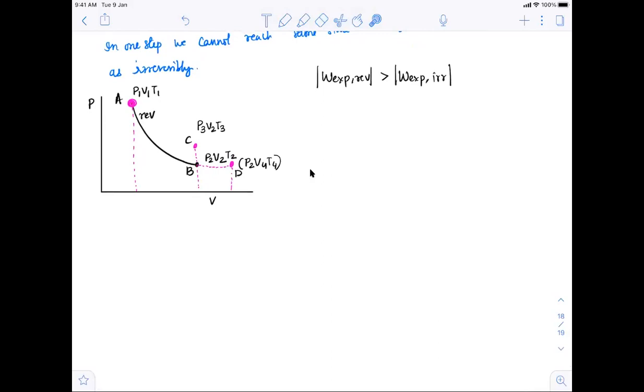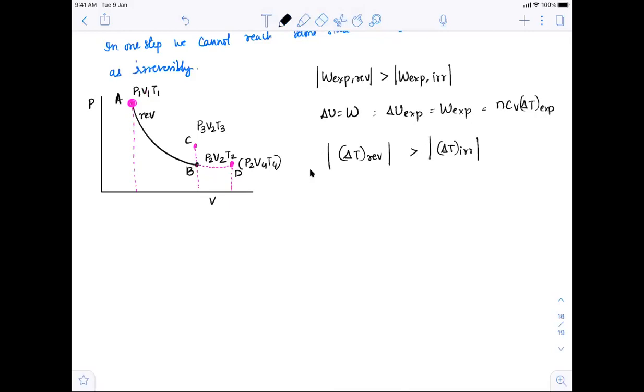We know that delta U is equal to work in the case of adiabatic, which means delta U of expansion will be the same as W of expansion, the same as nCv delta T. This is for expansion. So I can write that the change delta T in reversible work should be greater than delta T in irreversible form.